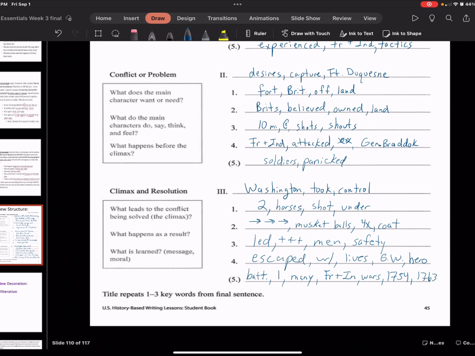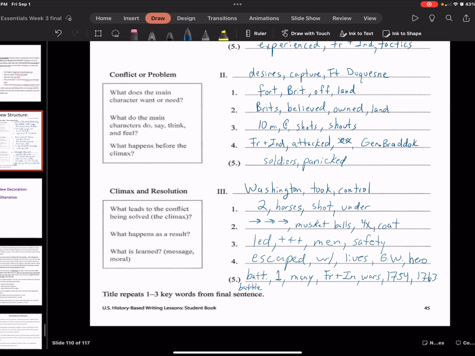Battle one, many French-Indian wars. I'm going to make sure that's a 1, not an I. And even if you might wonder later what that was, we have enough words. Okay.